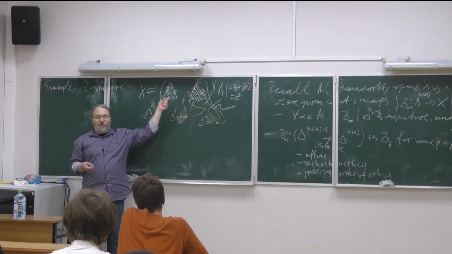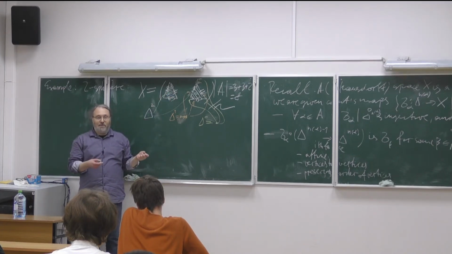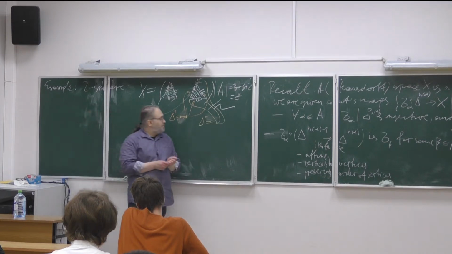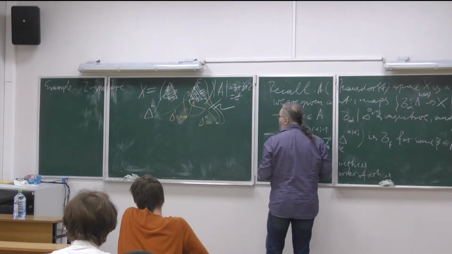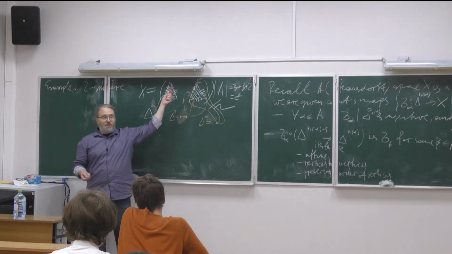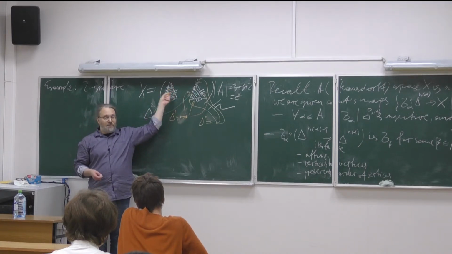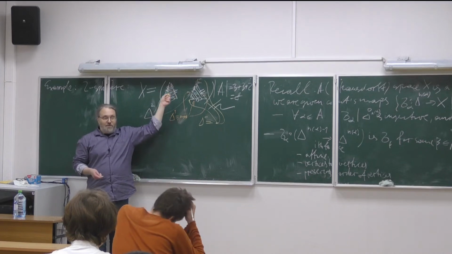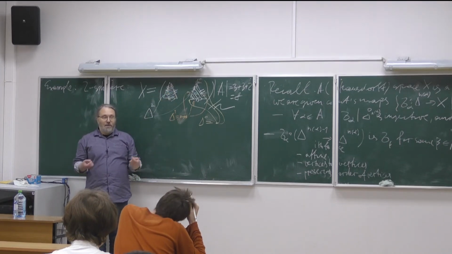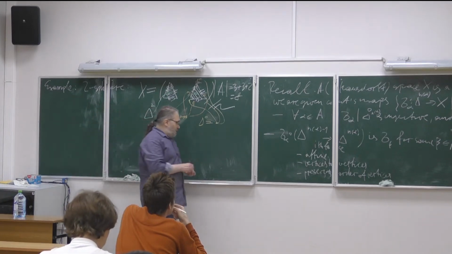If this were a simplicial complex, the 2 simplices would have to coincide. But as is also clear from the picture, there is a way to subdivide this thing into simplices so that we actually get a simplicial complex. Are there any questions?